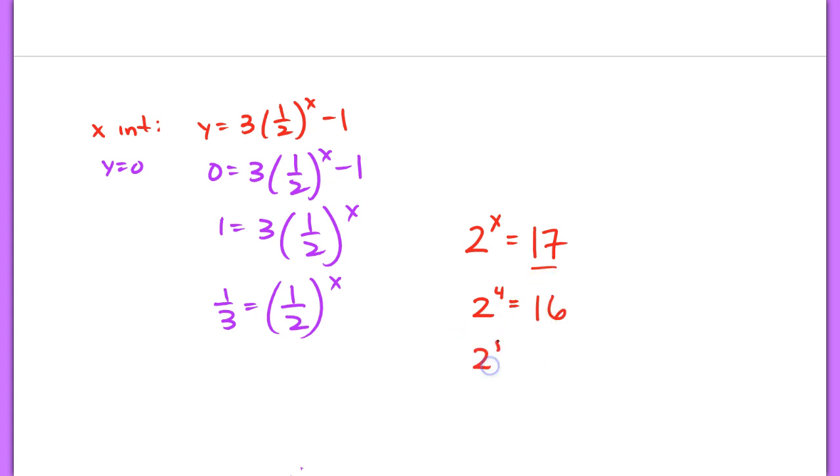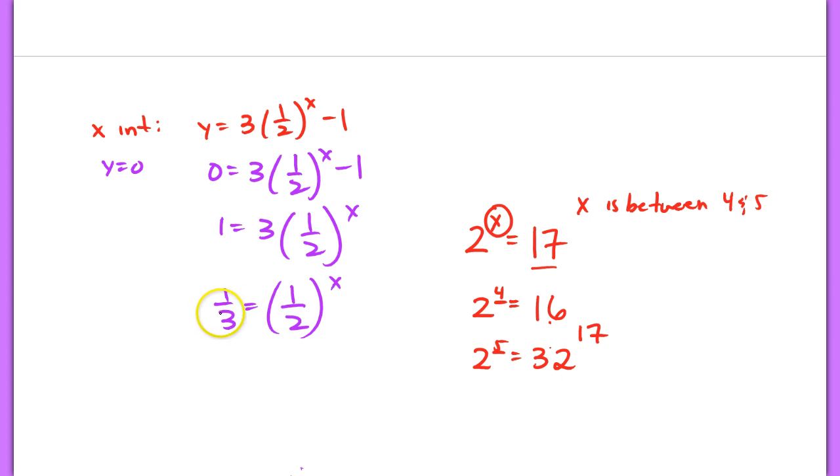I know that 2 to the 5th is 32, which is way bigger than 17, but basically 17 falls between 16 and 32, right? Which means that x must fall between 4 and 5. So when I would approximate here, I would say x is between the value 4 and 5.